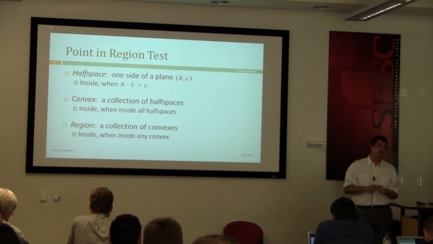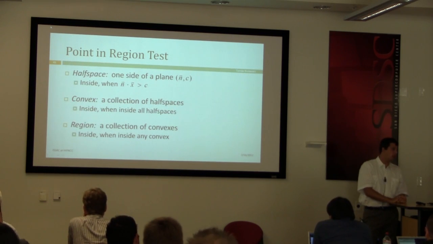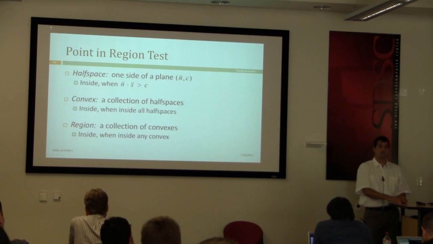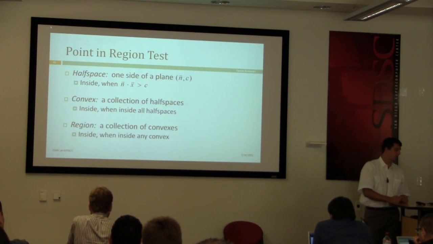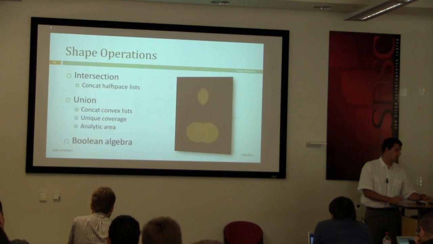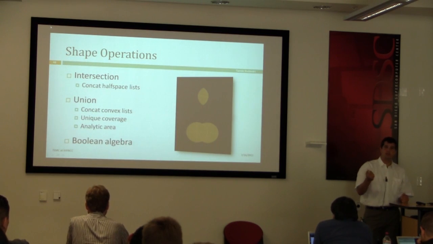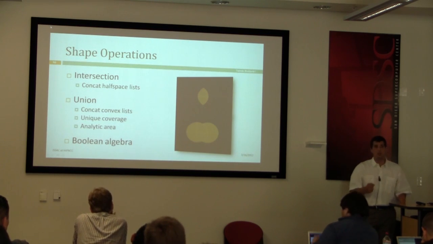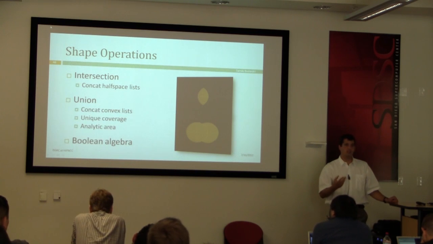That's the containment test. Now, how do you test if a point is inside a convex? Okay. Well, it's inside if it's inside in all the half spaces. So similarly, the region contains a point if any of the convexes contain the point. Okay. So it's very simple. Now, in addition to that, you can actually use this representation very quickly to create complicated regions, essentially create the intersections mechanically.